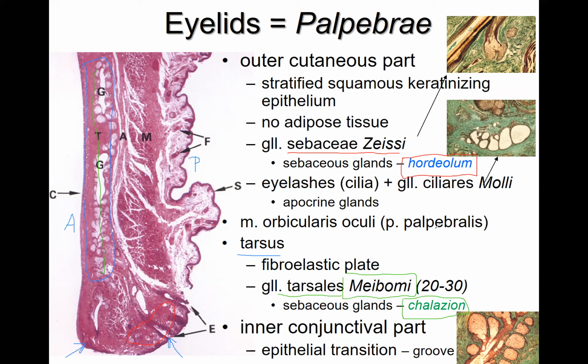Of course, we have some other glands. We have ciliary apocrine, Moll's glands, but there is no specific disease related to these. Important information: no adipose tissue in eyelids. So this is what you will talk about in detail in histology as well, but it's important not to skip the eyelids.